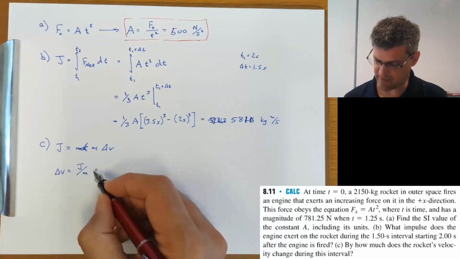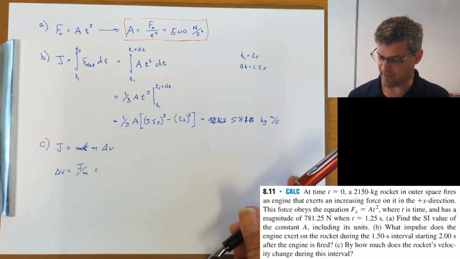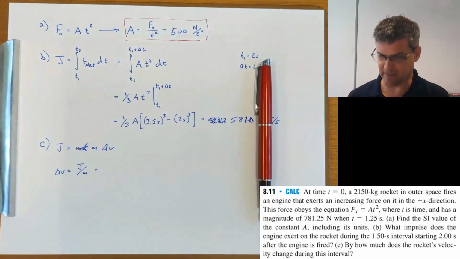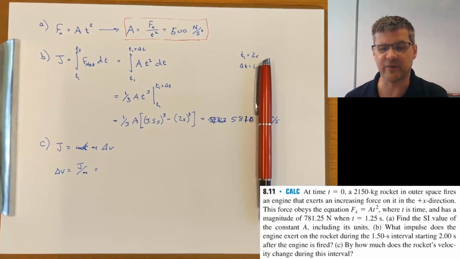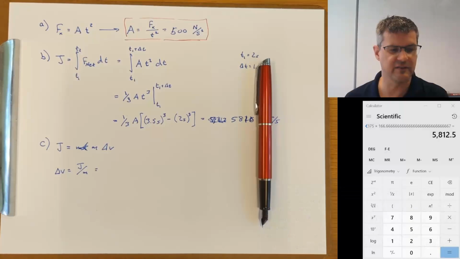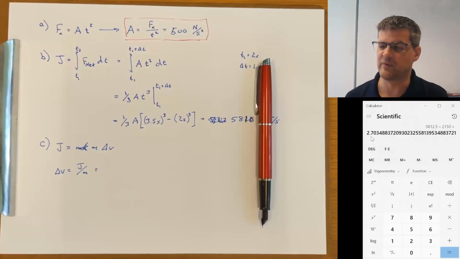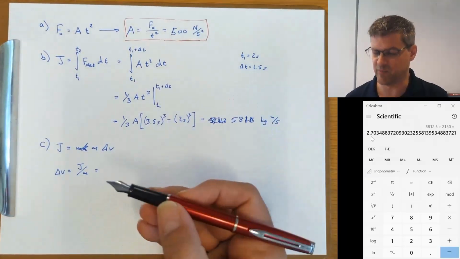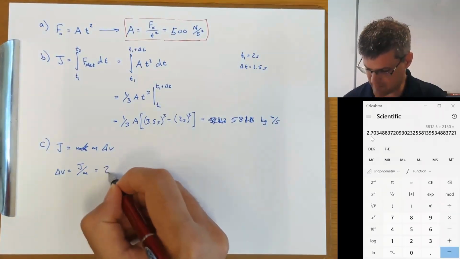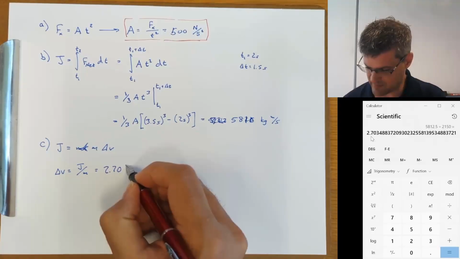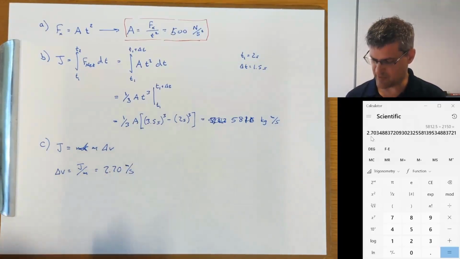Mass is given to us in the problem. So we just divide this number that we just calculated by the mass 2150. And we see that it changed by 2.70 meters per second.